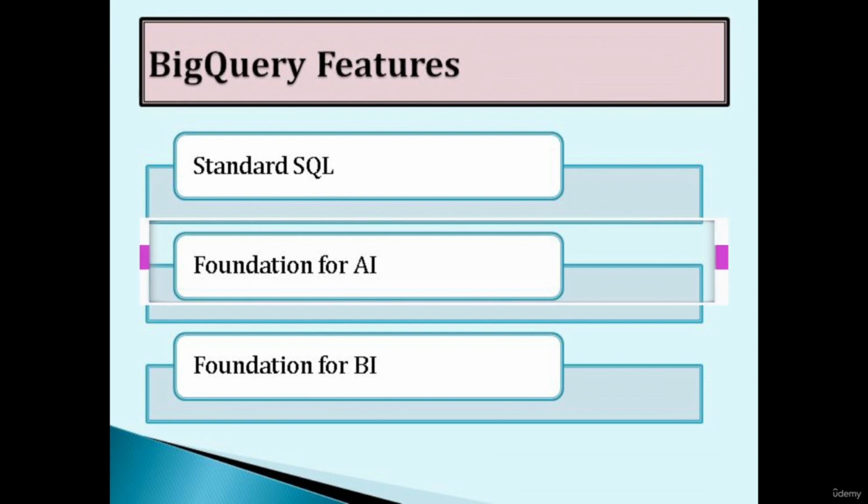Eighth is foundation for AI. BigQuery provides a flexible, powerful foundation for machine learning and artificial intelligence. Besides bringing ML to your data with BigQuery ML, integrations with Cloud ML Engine and TensorFlow enable you to train powerful models on structured data. Moreover, BigQuery's ability to transform and analyze data helps you get your data in shape for machine learning.